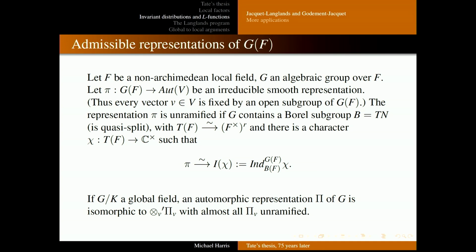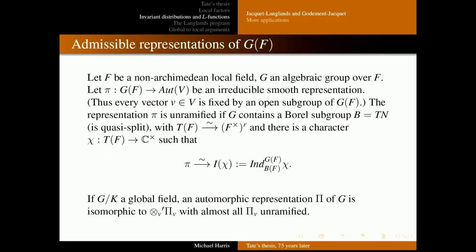I've introduced the principal series representations. If you take a Borel subgroup of G, if there is a Borel subgroup, you say the representation is unramified if there is a character chi from the torus to C star, but this character has to be unramified.